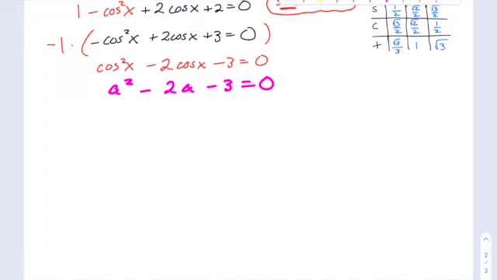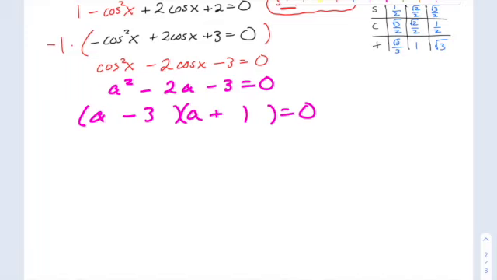Now this one has a coefficient of 1 leading it off. So this should really be an easy one to factor. Right? It's just that classic pattern of a, and what multiplies to the negative 3 on the end but adds up to negative 2. And you can put them in either place. So that would be negative 3 and positive 1, right? Because they're both a, you could put them in either place, and those binomials are good.